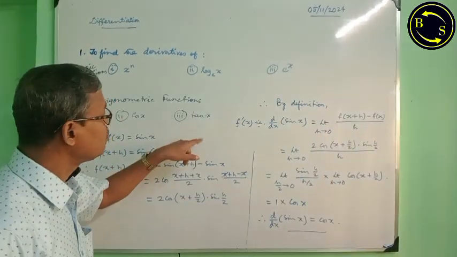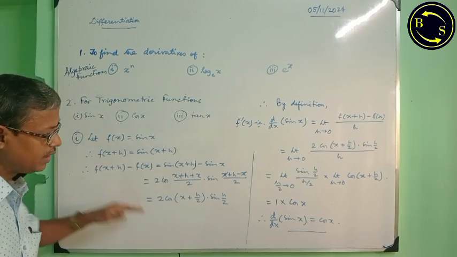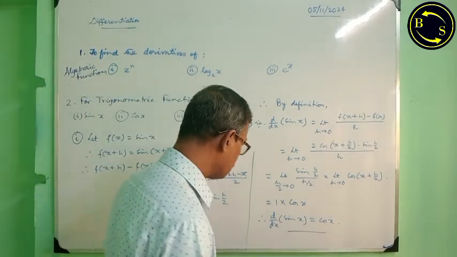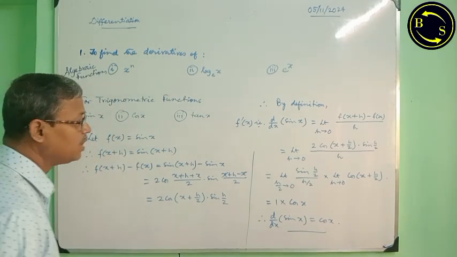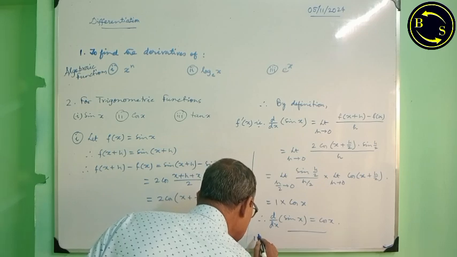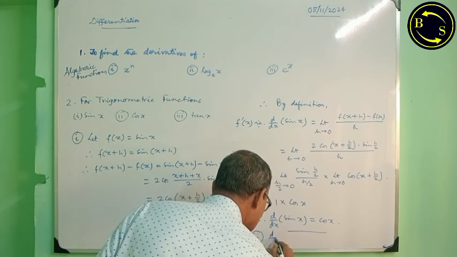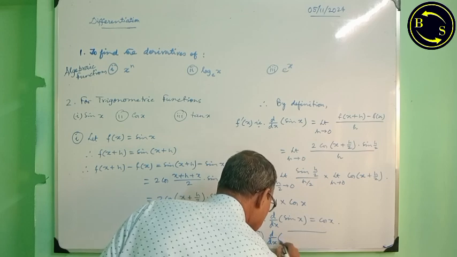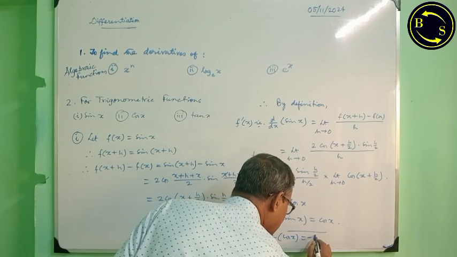Now I will work out tan x. We have found derivative of sin x, that is equal to cos x. Then if you follow the similar step, you will get number 2. I am writing the result, d dx cosine x that will be equal to minus sin x.